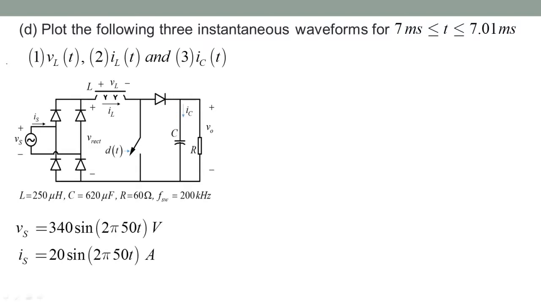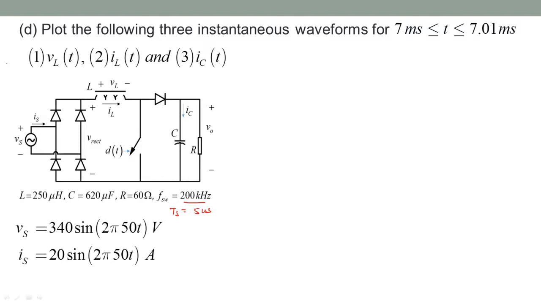And these switching frequency level waveforms are to be drawn in the interval 7 milliseconds to 7.01 milliseconds, which actually covers 2 switching periods. Our switching frequency is 200 kilohertz, or TS is 5 microseconds. So this difference here is 0.01 milliseconds or 10 microseconds.